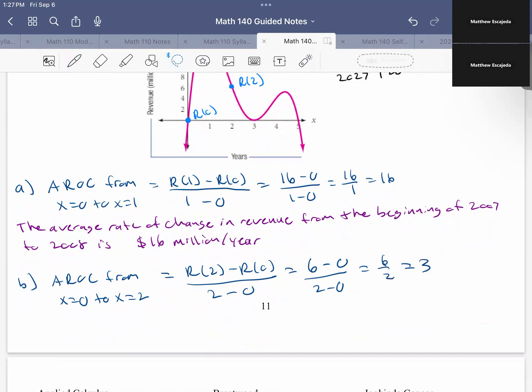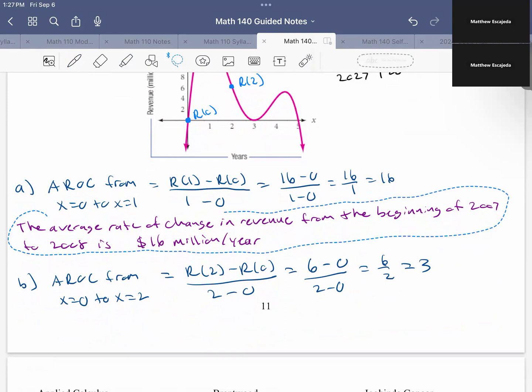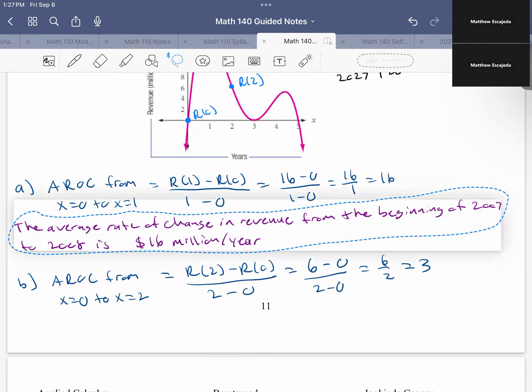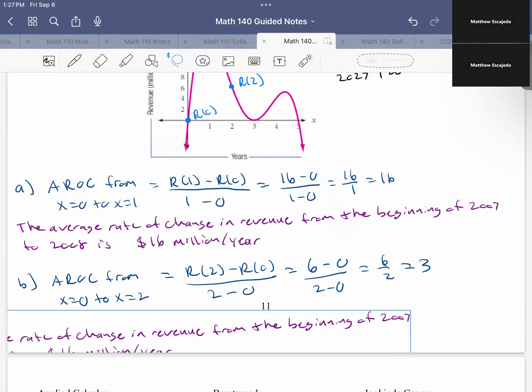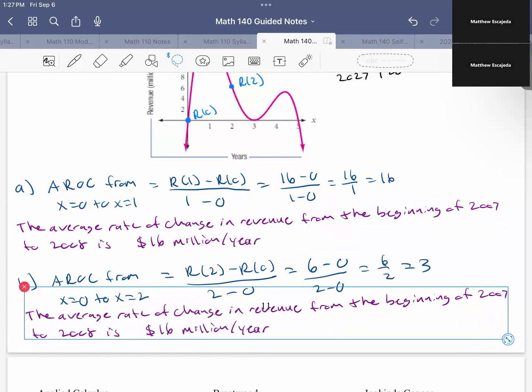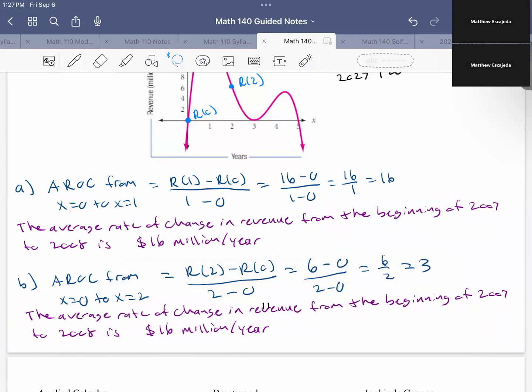So for the statement, I'm going to copy and paste here. The average rate of change in revenue from the beginning of 2007 to 2009 is now $3 million per year.